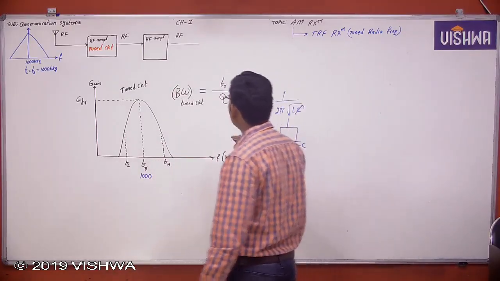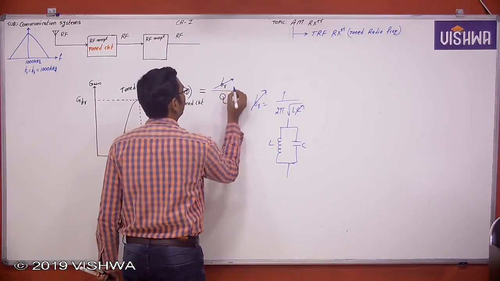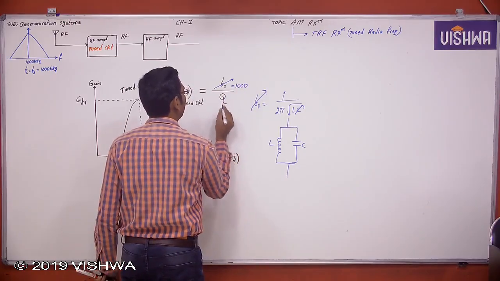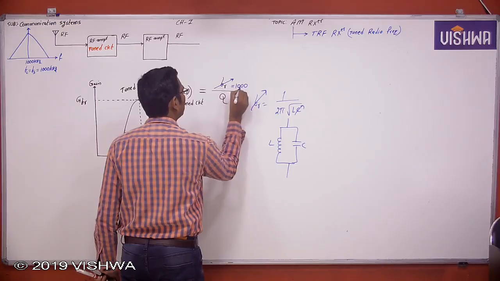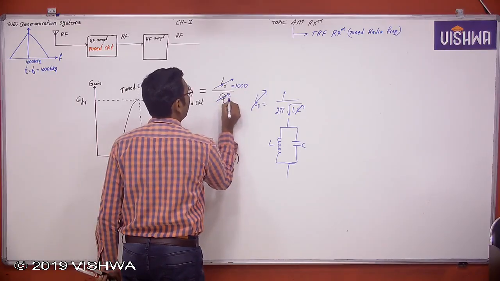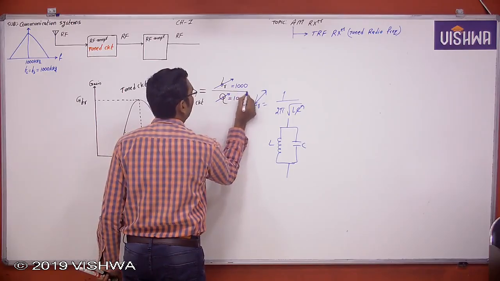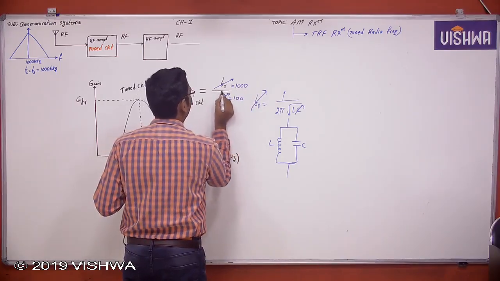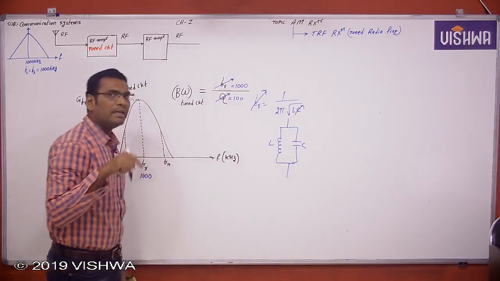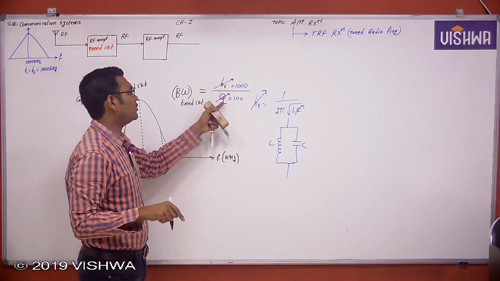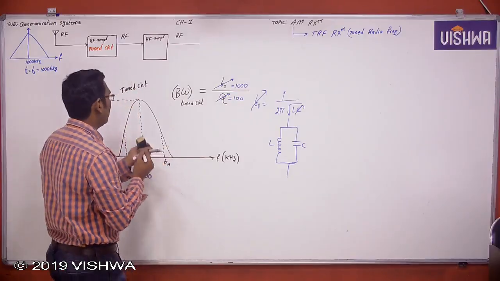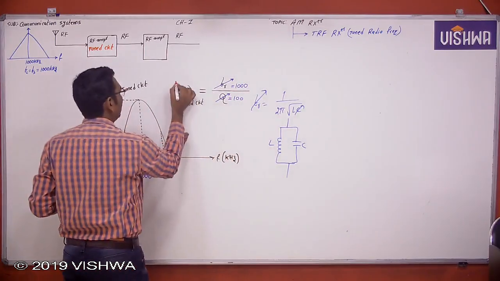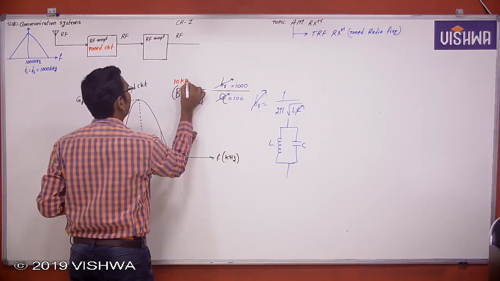When the resonant frequency is adjusted to 1000 kilohertz, the quality factor is also simultaneously adjusted to 100. Why? Because the bandwidth of each AM station is always fixed at 10 kilohertz.